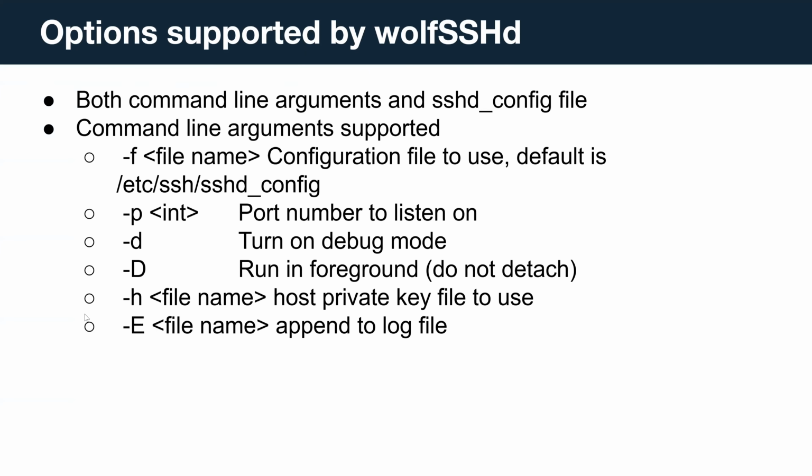So there's a good number of options supported by the wolfSSHd implementation. Part of how we set up the arguments and the SSHd config file is to make it easy to be able to replace OpenSSHd, or just make it familiar for people who have already worked with OpenSSHd.